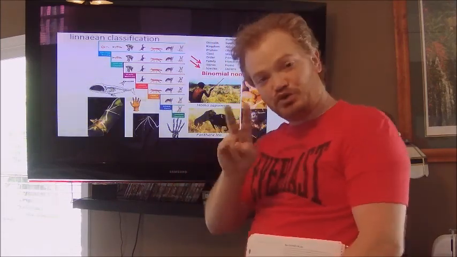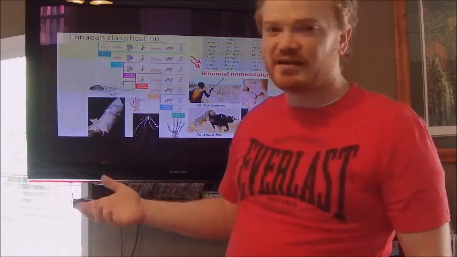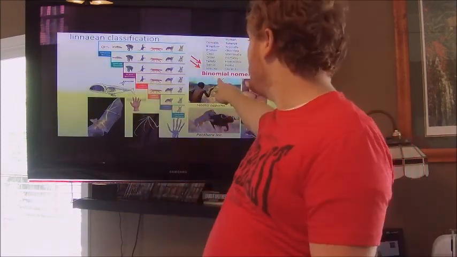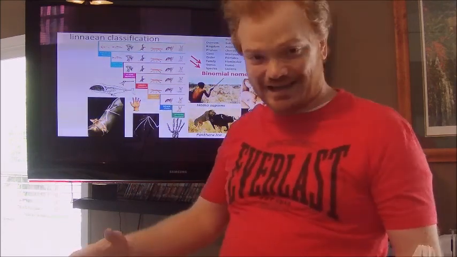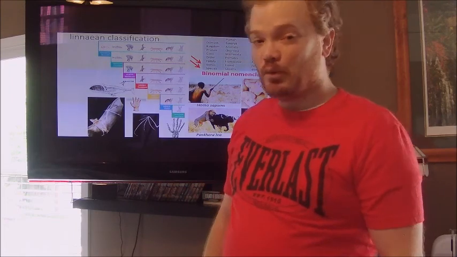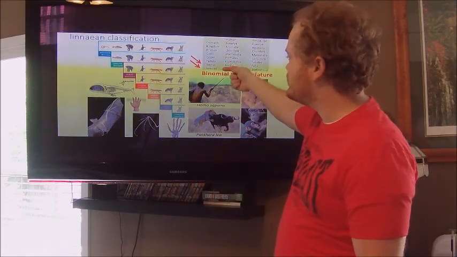Anytime you're doing this, it's a two-name system, like Felis concolor, or Panthera leo, or Homo sapiens, or Cambarus diogenes. All of these are a two-name system. It's binomial nomenclature. The name is two parts. Binomial, two, nomenclature, name. It's a two-part name. And the way that we do this is that we call it a genus and species name.